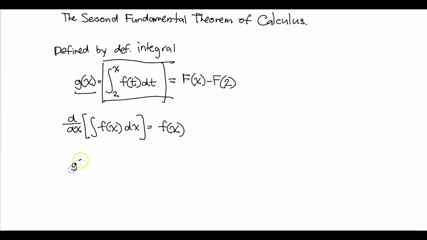So let's define a function g, similar to the one we defined above, except we have an arbitrary constant over here. So we're taking the integral from x to a of f of t dt. From the first fundamental theorem of calculus, this integral can be evaluated as big F of x, where big F is the antiderivative, minus big F of a.